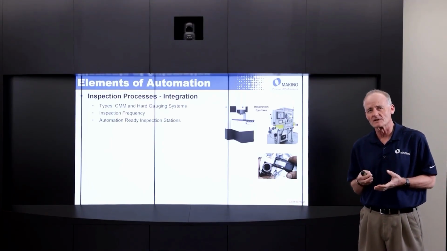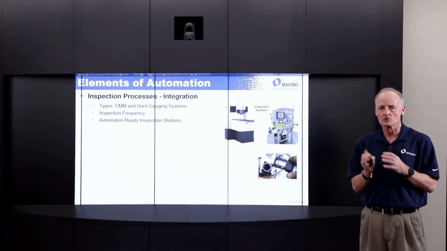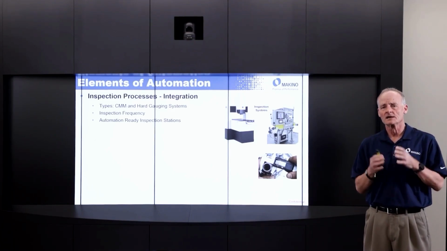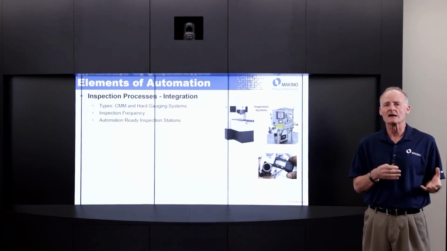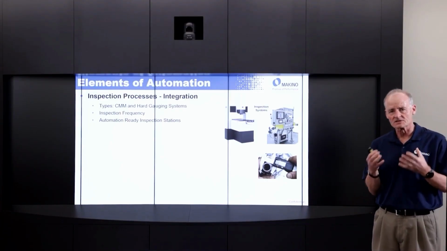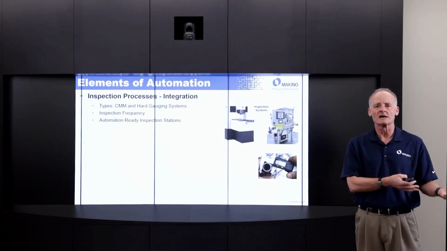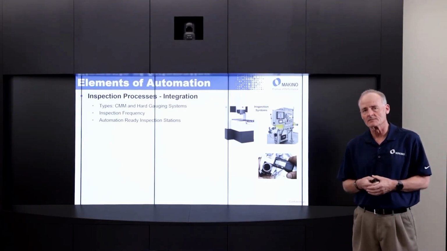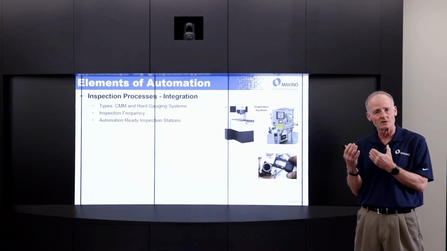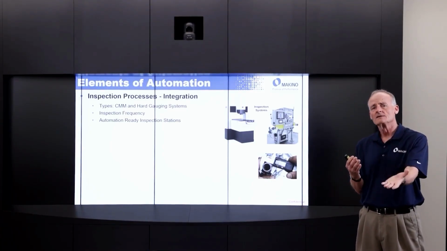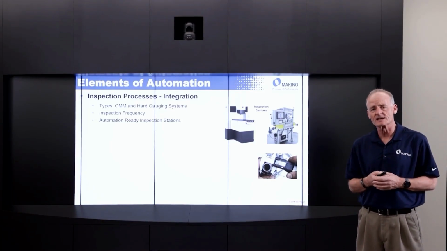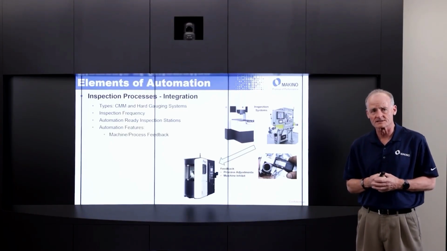And then you want to make sure that any of those stations that you integrate with the automation are able to communicate and interact with the automation system. So CMMs, we've integrated CMMs with robotic loading of the CMMs. But you just want to make sure you can communicate, number one, and then that you have access and you have the proper setup to support an automated feeding of parts through your inspection processes.